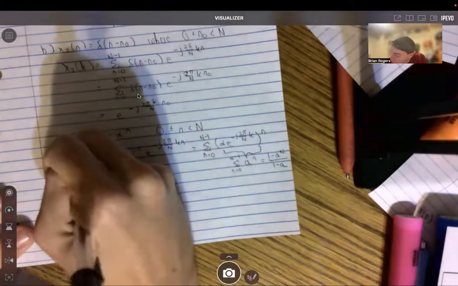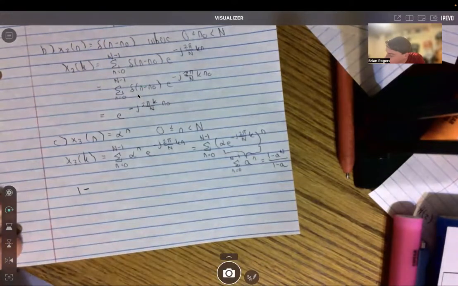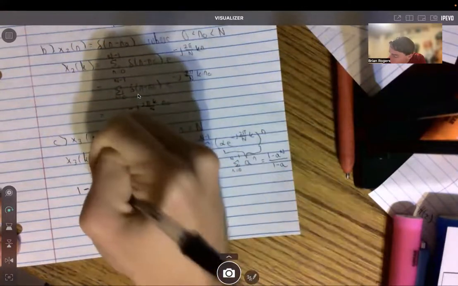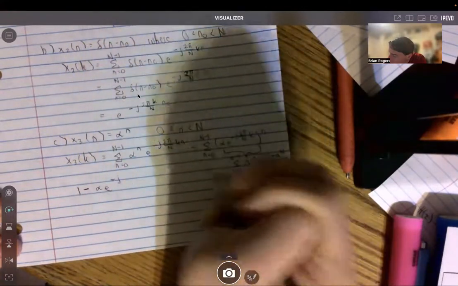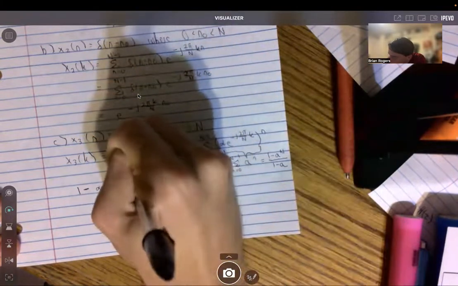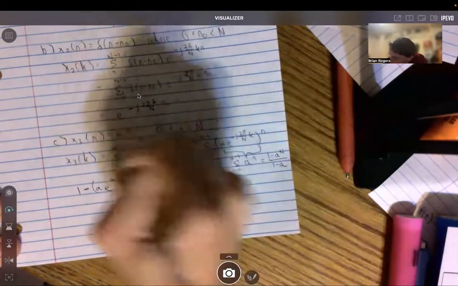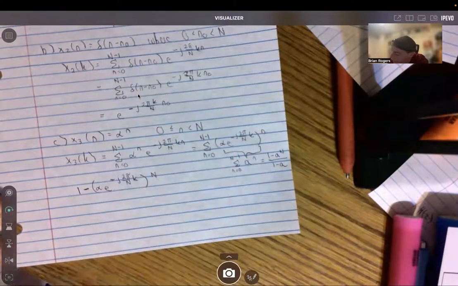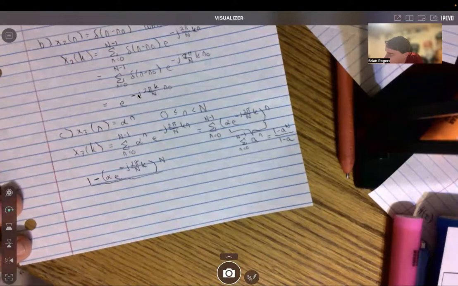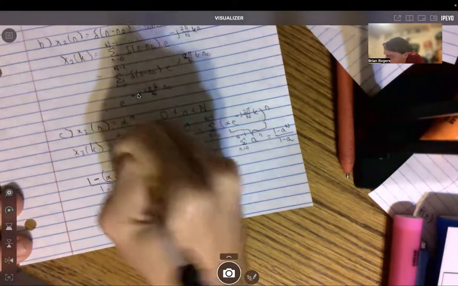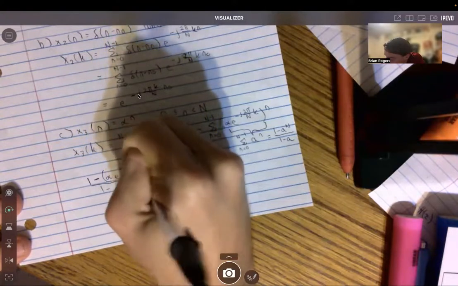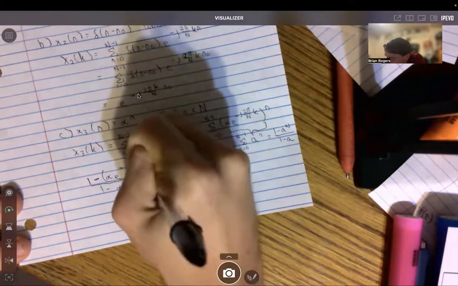So it's going to be 1 minus alpha e to the negative j 2 pi over capital N times k, raised to the power of capital N, all over 1 minus a, which is 1 minus alpha e to negative j 2 pi over N k.